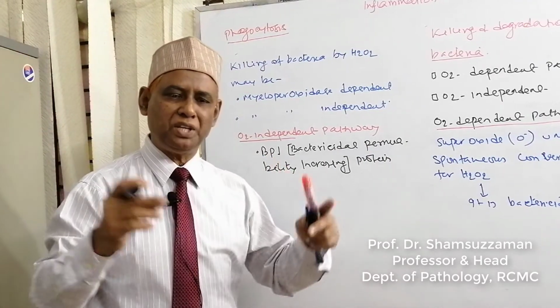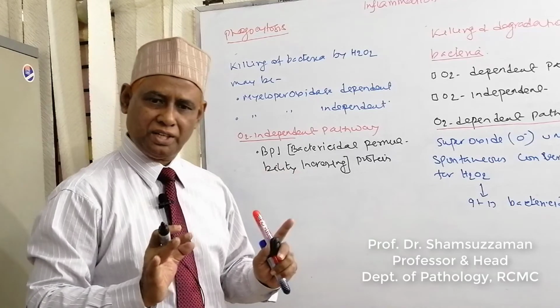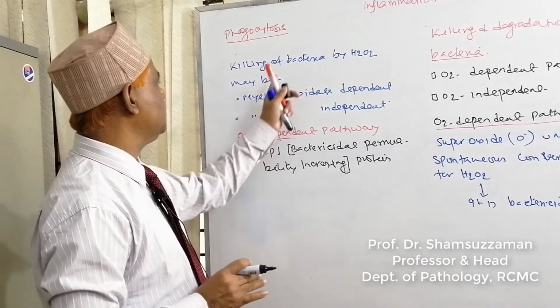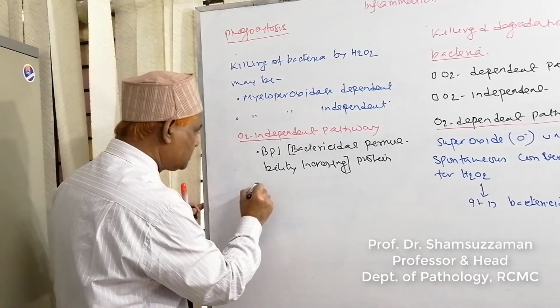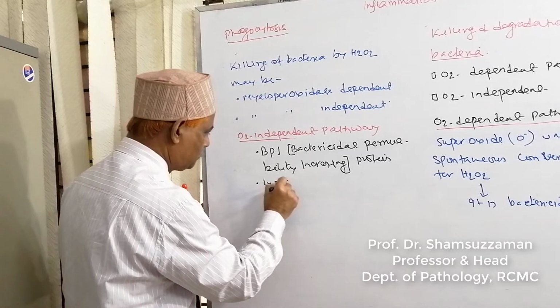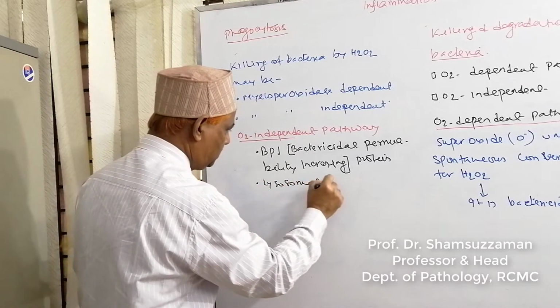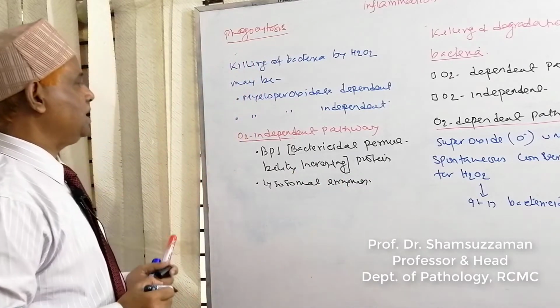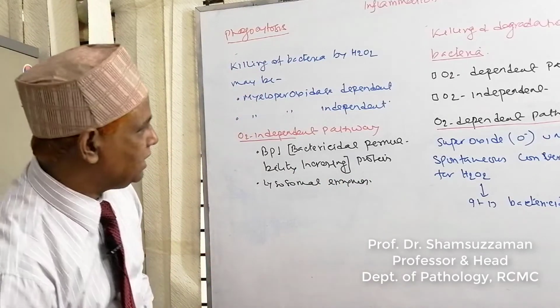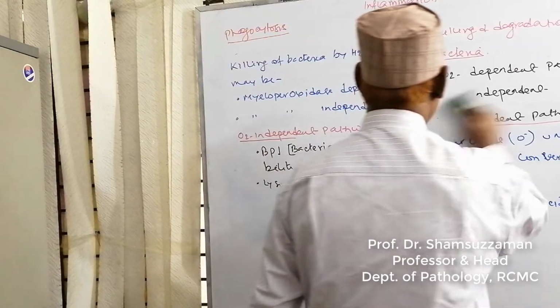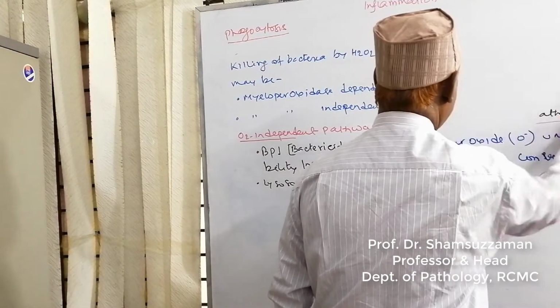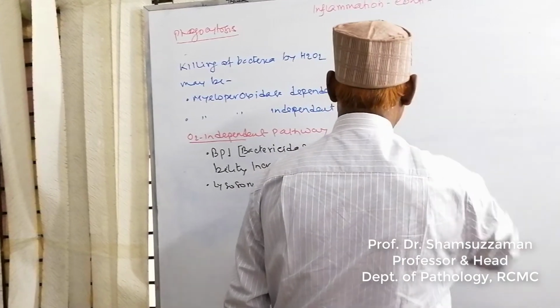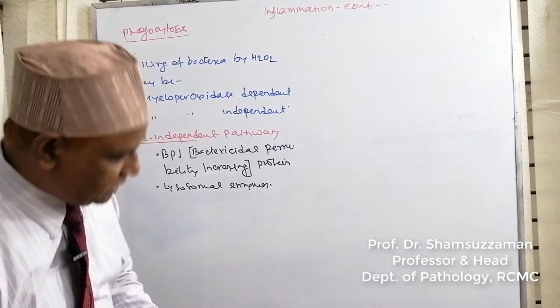This protein is present within the cytoplasm of the phagocytic cell and it is associated with the killing and degradation. And another is lysosomal enzymes. So these are associated with the oxygen independent pathway of killing and degradation. Now come to how BPI causes killing and degradation. What is the role of BPI?